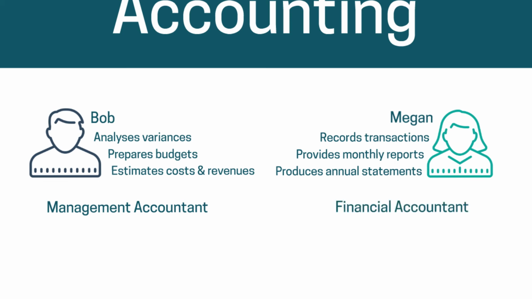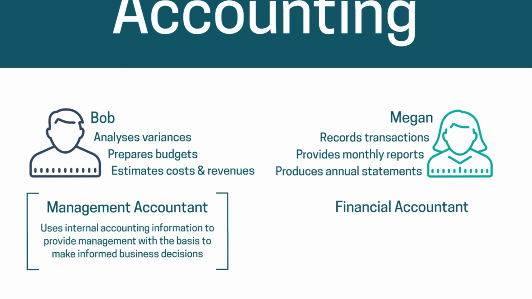And contrasting the roles of management and financial accountants is the best way to fully understand the roles each carries out. Now, it's worth saying that in the real world, accountants take up both areas of responsibility. But we're going to assume that both Bob and Megan have very clearly defined roles. So Bob, as a typical management accountant, will use internal accounting information to provide management with the basis to make informed business decisions.